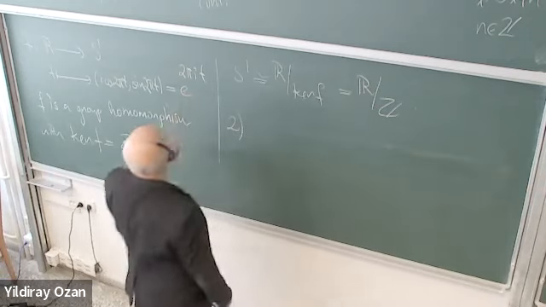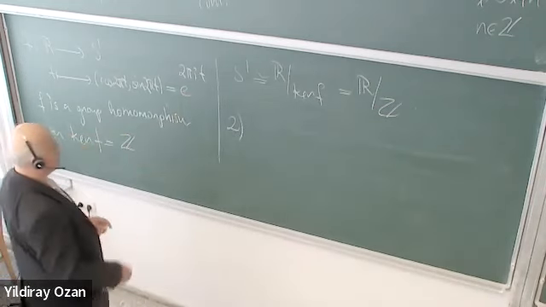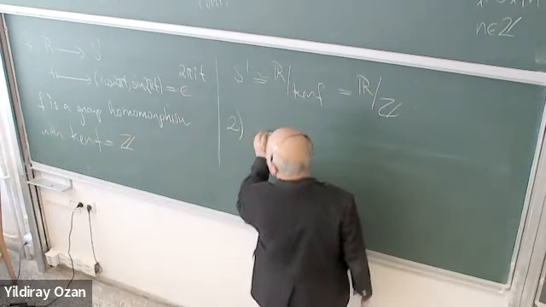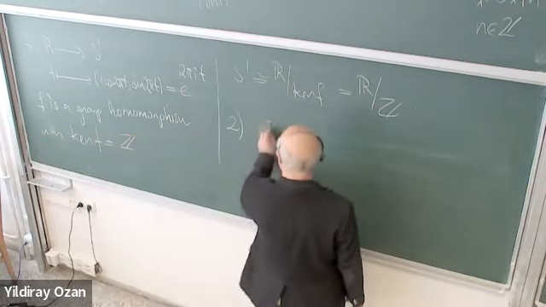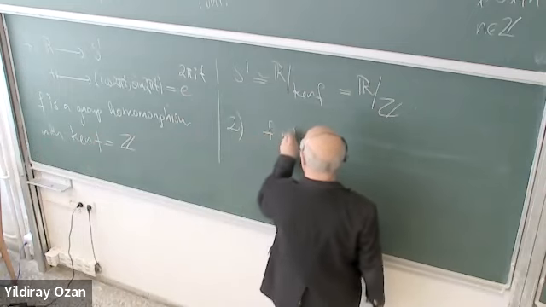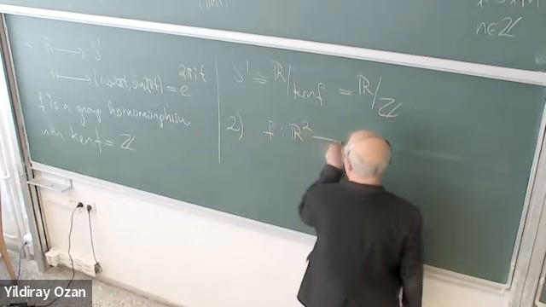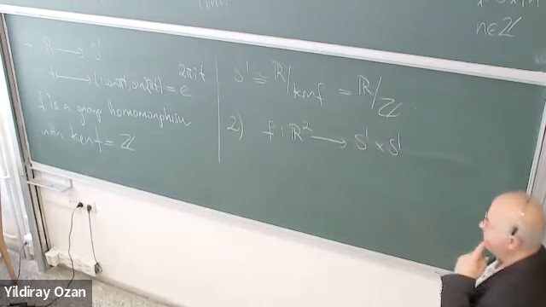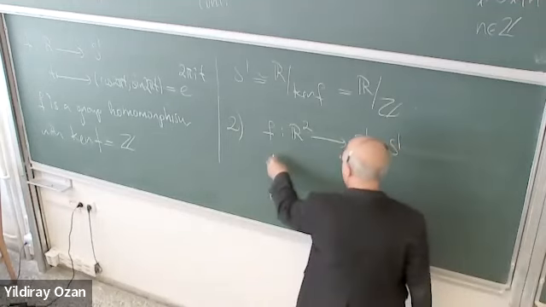What you can do, you can just generalize this. So consider this map now from R2 into S1 times S1. So what is this map?